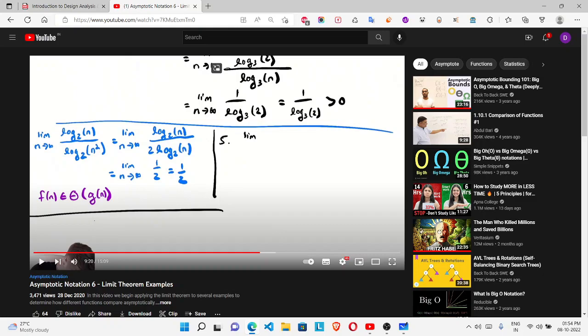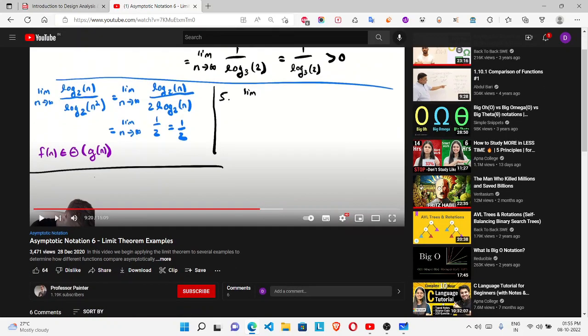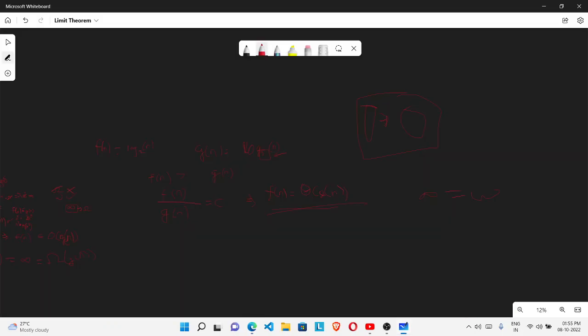So this makes it a theta of g of n. So don't go to such shortcuts. These won't work. But okay, I'll just control Z it.